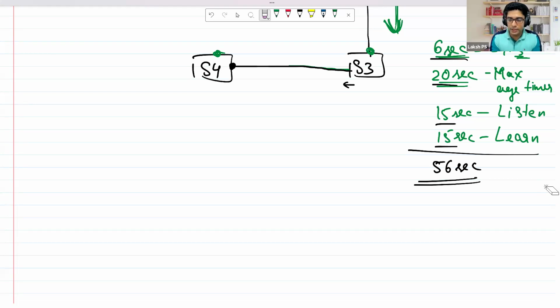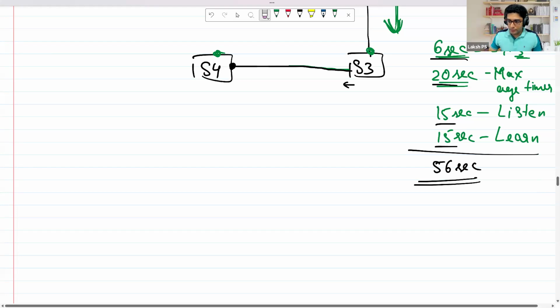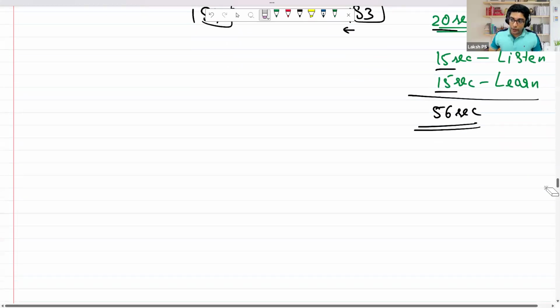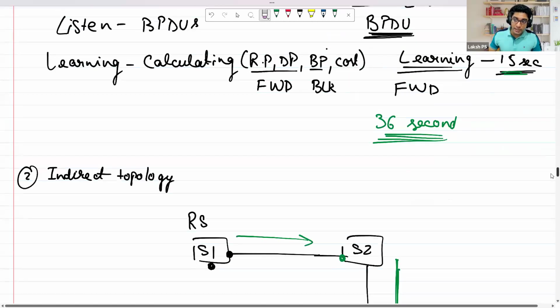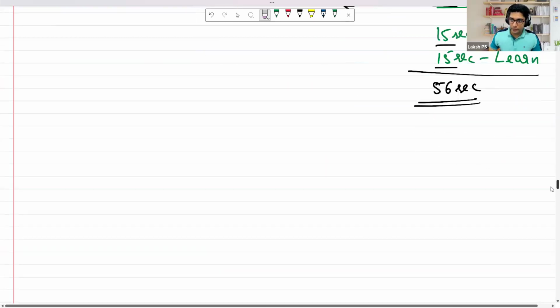We can't wait for 56 seconds, which is nearly 1 minute. We can't wait for 1 minute or half a minute. The moment we do not have connectivity, we start panicking, why is the internet not connecting. We get frustrated. So this is actually a real problem. For 56 seconds, who's going to wait? For 36 seconds or 32 seconds, who's going to wait?